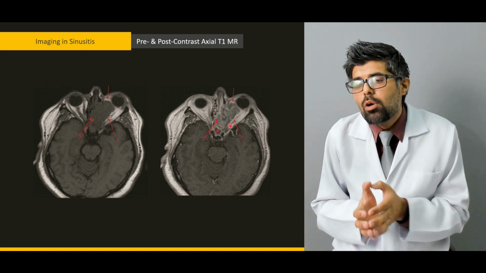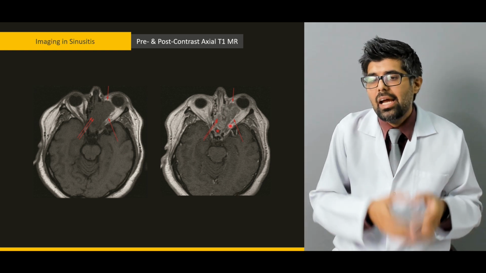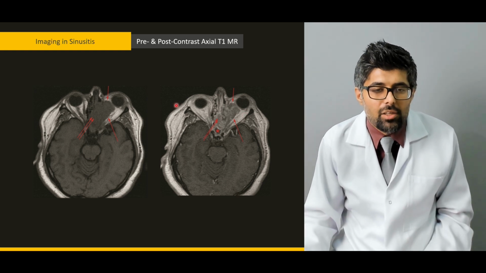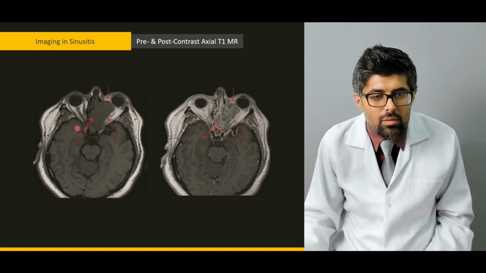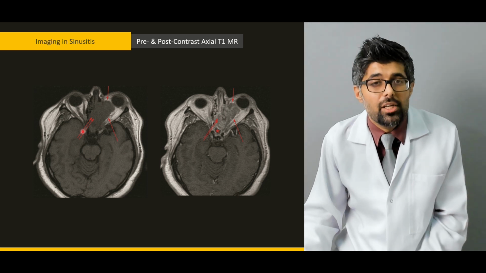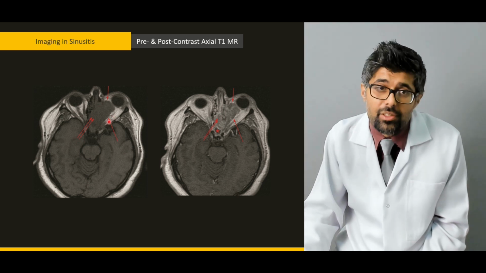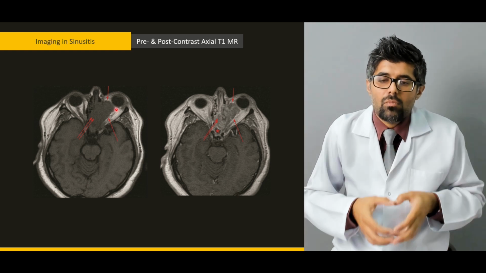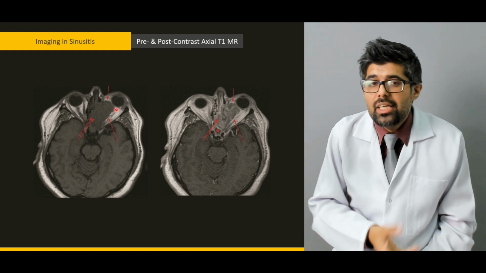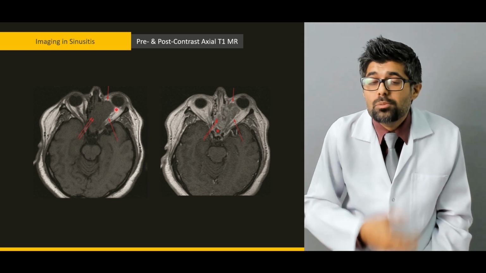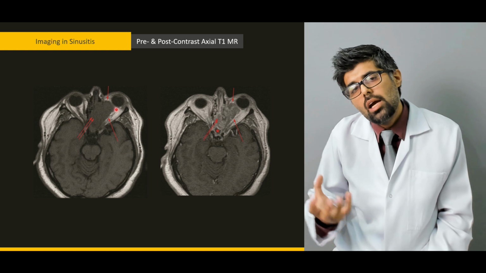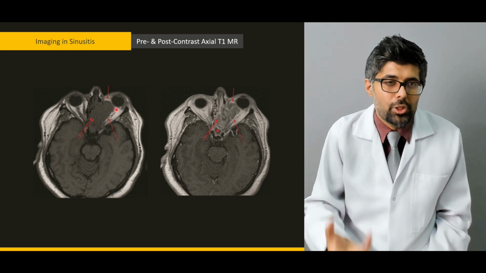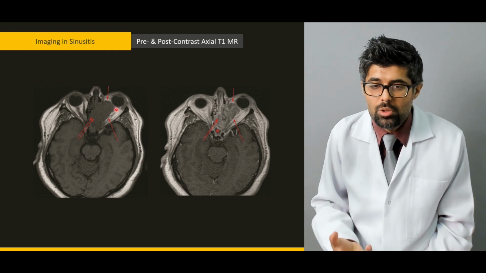Now, if we perform a contrast-based axial T1 weighted MRI scan, we can find out how much it has invaded, how much it has infiltrated, and how much it has gone inside the skull. This helps us both in the staging and in the decision of how to treat this particular kind of cancer or tumor.